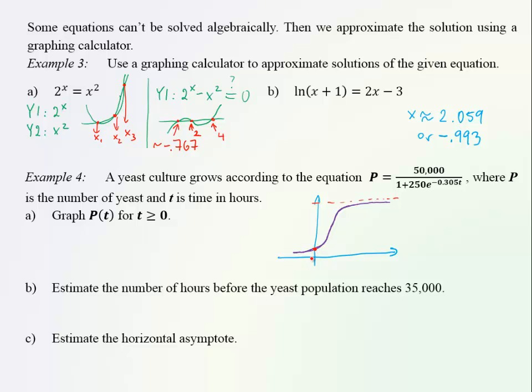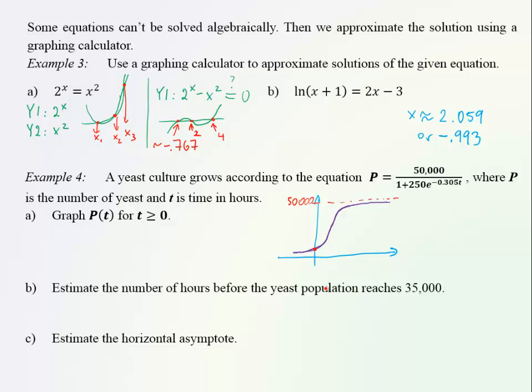Also, you could find out this point just by plugging in 0 to the formula. Now, the next part of the question asks us to estimate the number of hours before the yeast population reaches 35,000. You can probably predict, using your calculator, that this limiting value is actually 50,000.